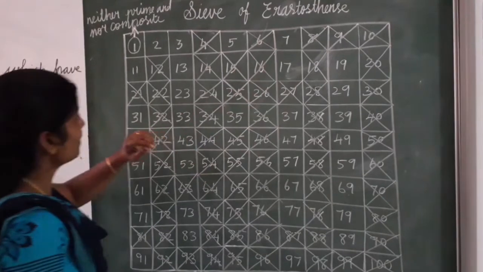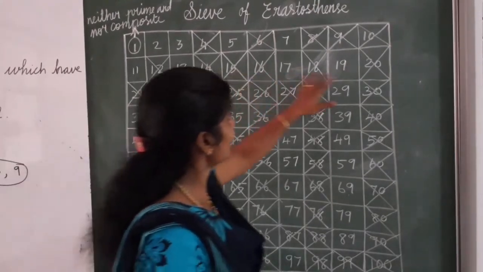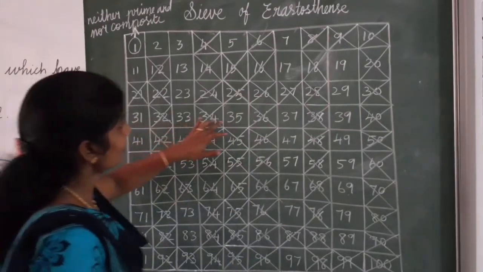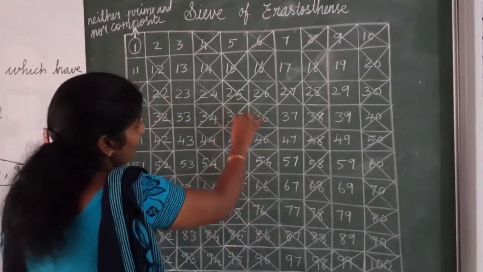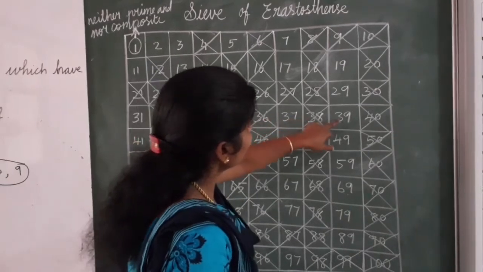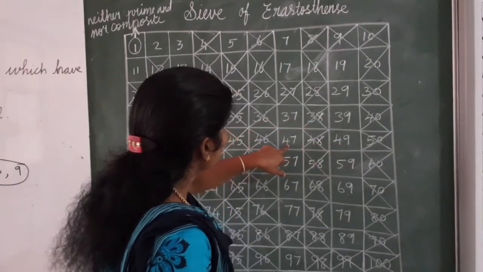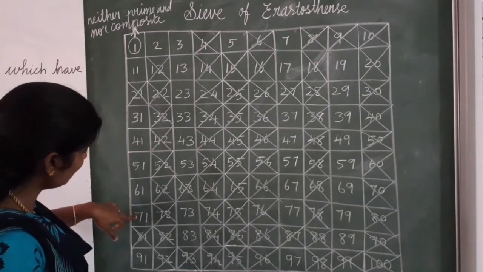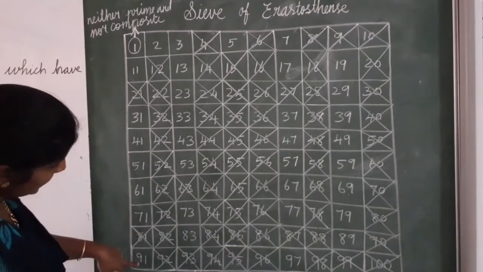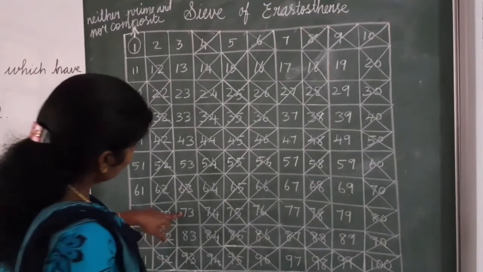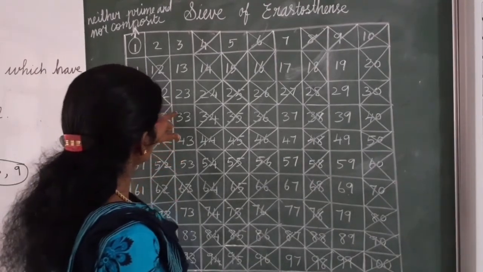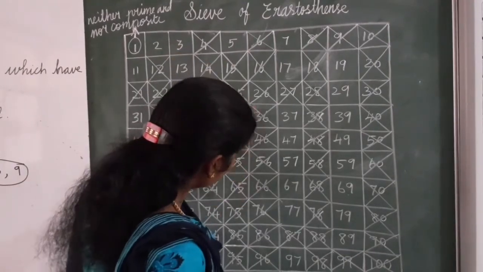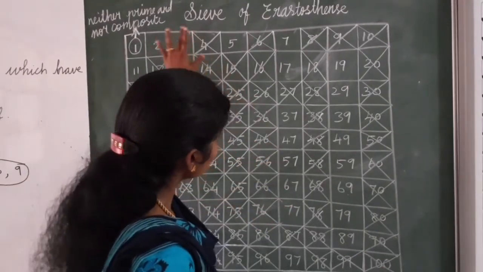Then 7. What are the multiples of 7? Here the 7 table. 7 5s are 35, this is a multiple of 5 also. Then, any other numbers that are multiples of 7?